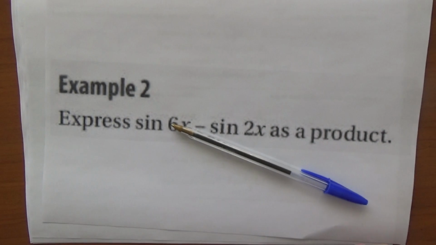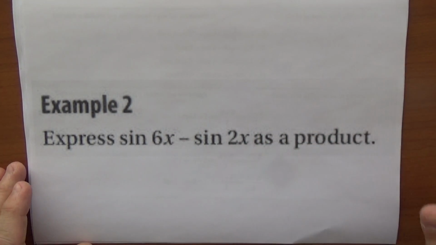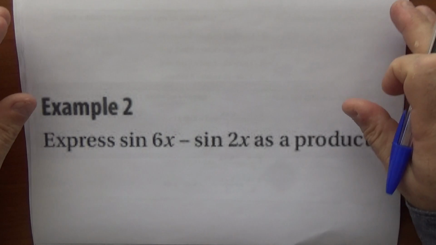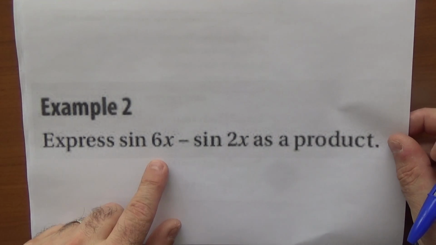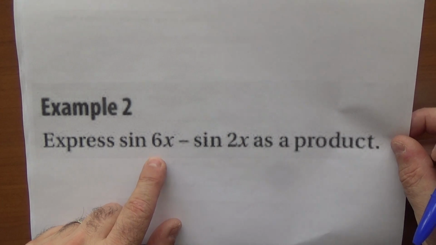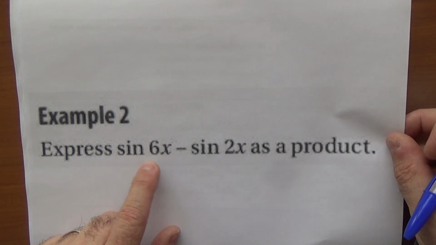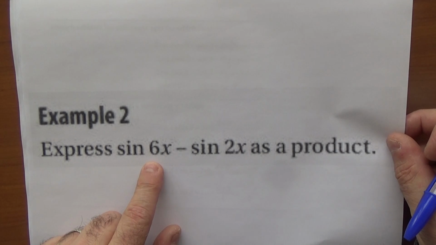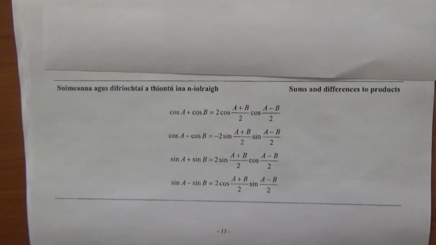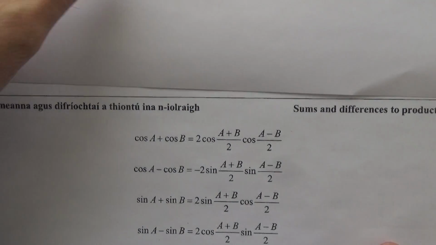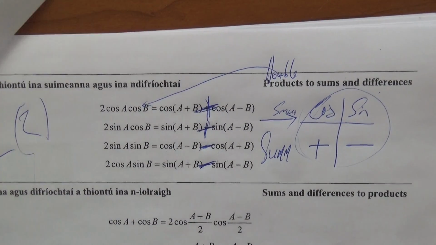Now regarding this question which we did in class, I want to revisit it. I went about it in a roundabout way, I did a lot of algebra and so on. We could have done this more directly by recognizing that the bottom of this page is basically the reverse of the top of the page.